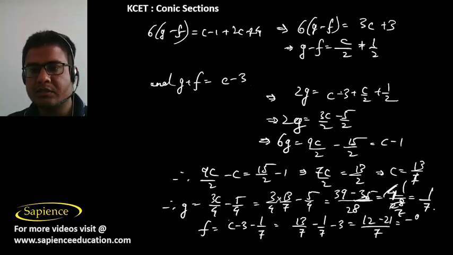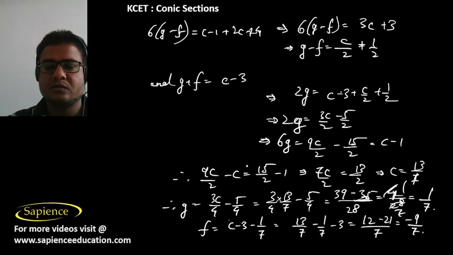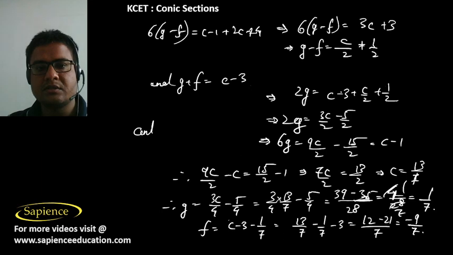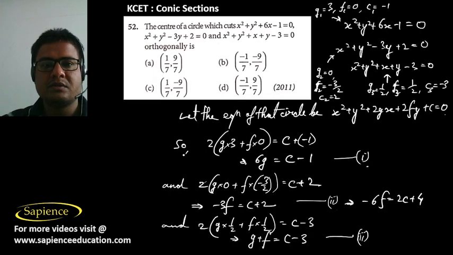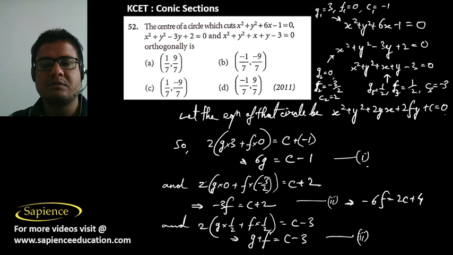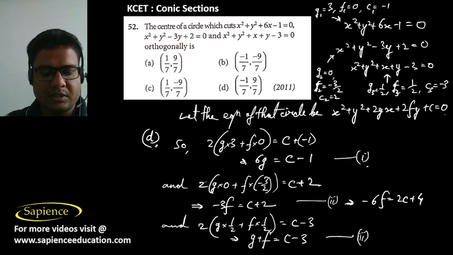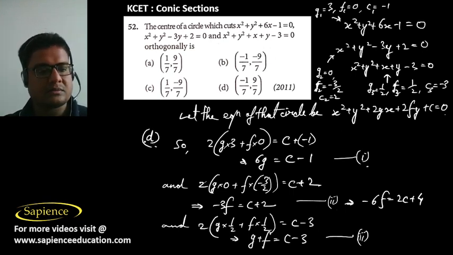So this is minus 9 by 7. So therefore the center is given as obviously minus g comma minus f. So that will be minus 1 by 7 comma plus 9 by 7. So option D is the correct answer.